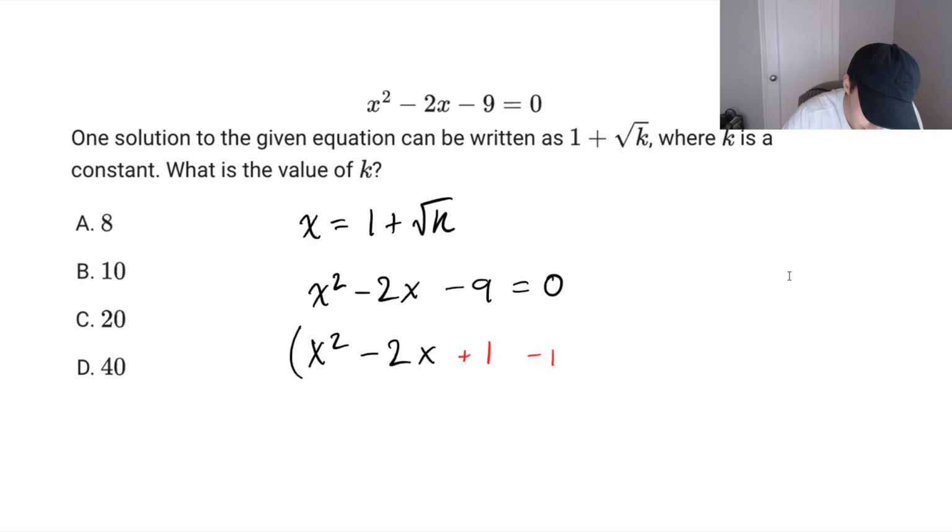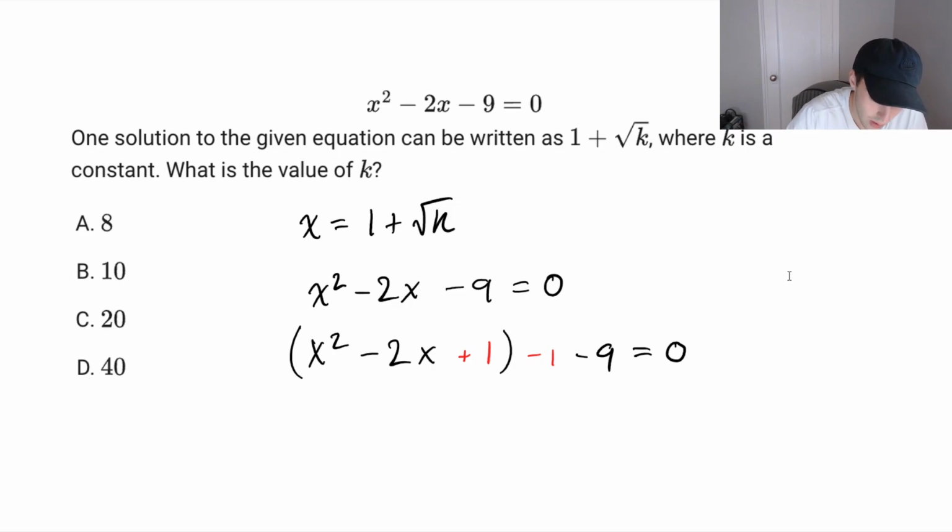You can see here, if we group that, this is a binomial, just x minus 1 squared, right? I can add 1 to this equation as long as I subtract 1 right after. That's fine. I'm not doing anything game changing. If I +1 and I -1, I'm just adding 0, just making it look different.